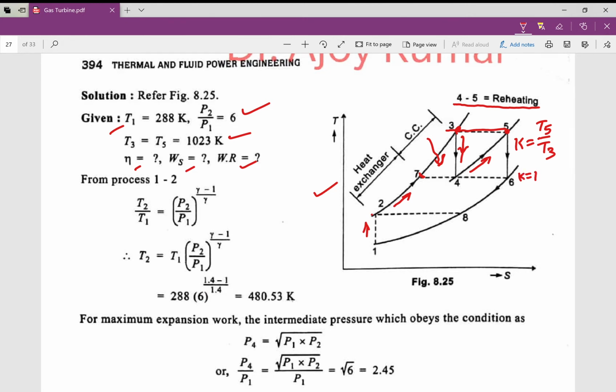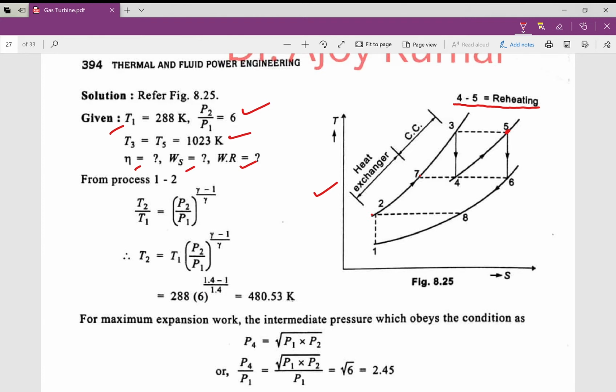Right? So after reheating in process 4-5, at point 5 hot gas goes to turbine number 2 where isentropic expansion takes place from 5 to 6. So this is about the process attached to this numerical.